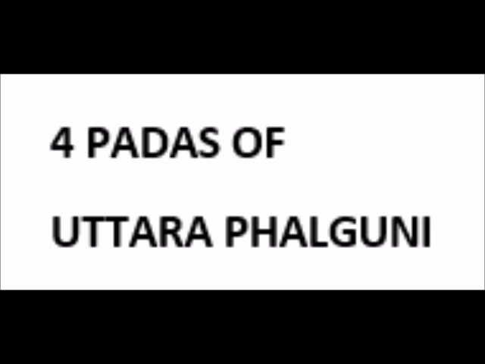I've discussed that in my earlier video on Uttara Phalguni, which describes the overall effect of the nakshatra, the animal symbol, the symbol, the ruling planet, and the presiding deity, and so on. The presiding deity for the entire nakshatra is Sun. We've already talked about that.